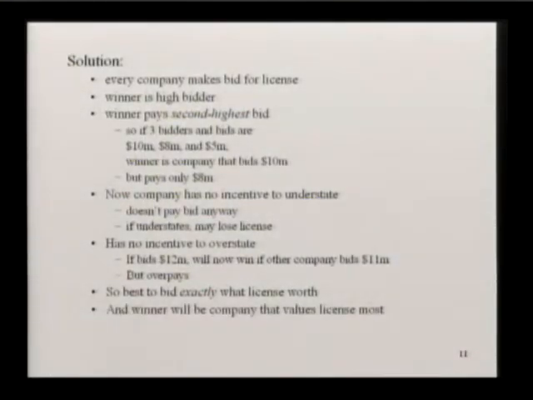And that means that the only thing left is to actually bid exactly what the license is worth to you. And if companies realize this, if they go through the kind of logic that I just went through, they will bid what the license is worth to them, and therefore the winner will be the company with the highest value, which is just what the government wanted in the first place, even though the government didn't know which company that was.